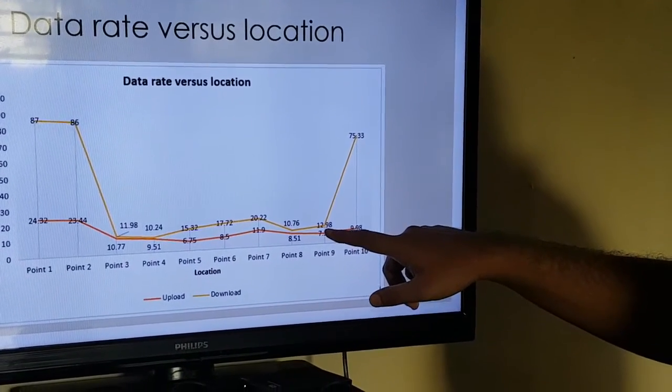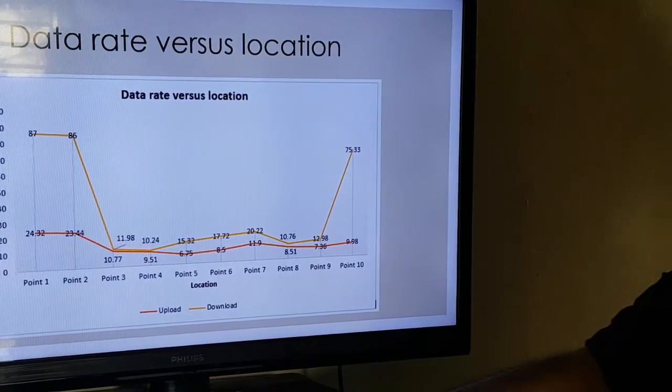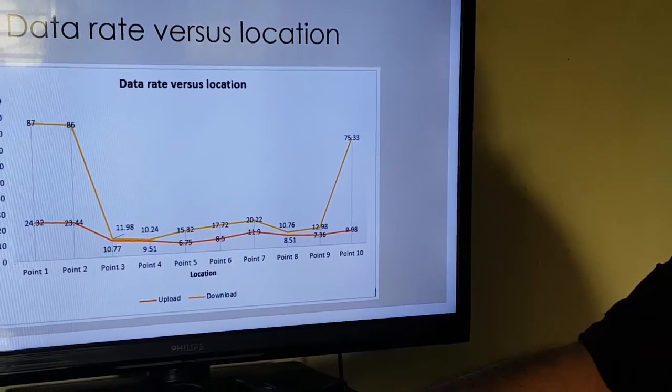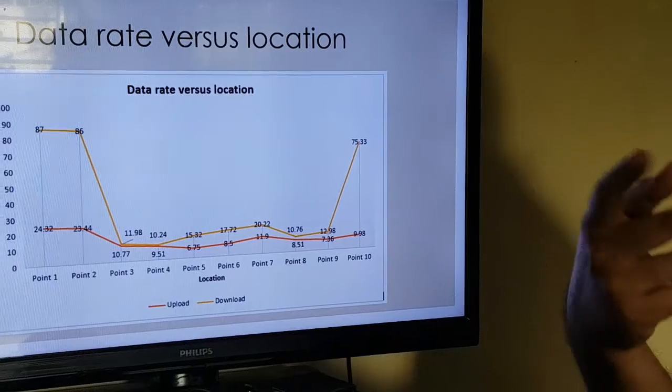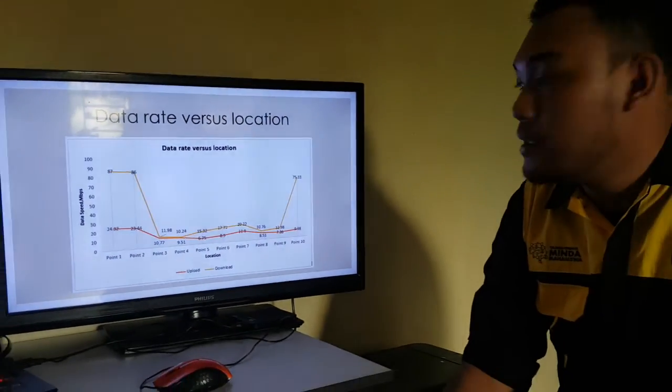The upload speed got higher than at the previous point due to the second base station. So the nearer the receiver is to the base station, the higher the download and upload speed.